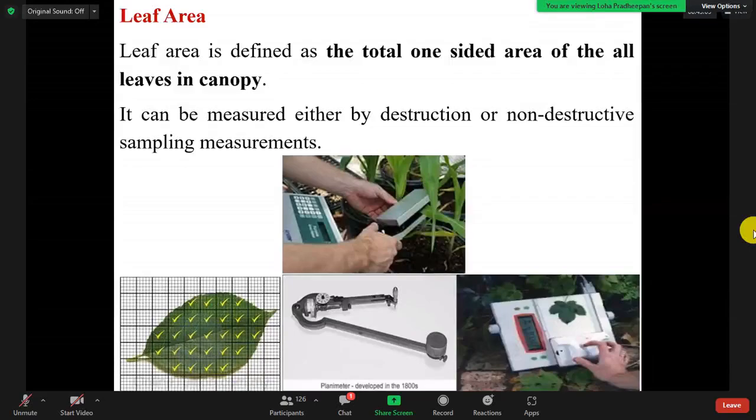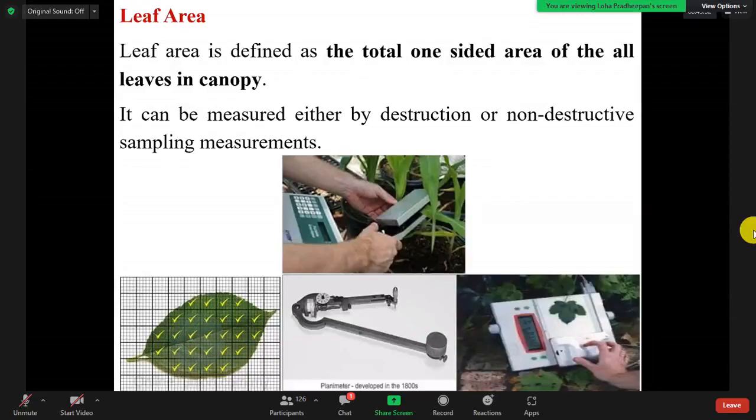In the non-destructive method, the portable green leaf area meter is available. That is operated with a charged battery. So we can take that to the field, insert the leaf inside that leaf area meter, and press the device.